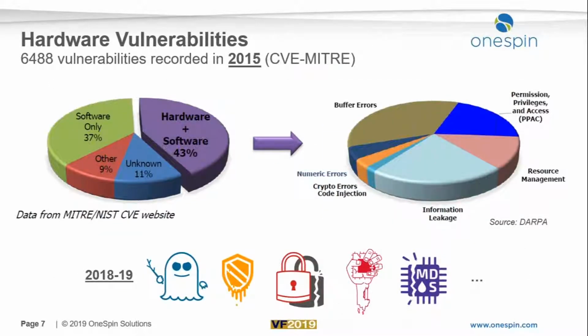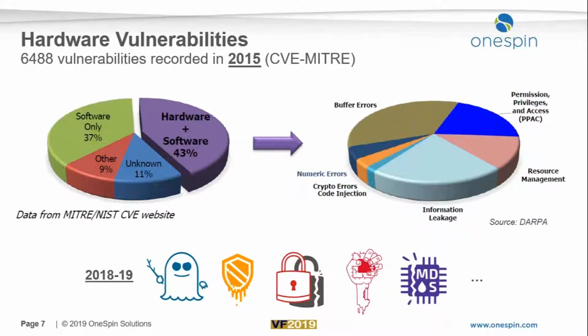Another slide from DARPA. This is some data from 2015, a little bit old, but still relevant. Of all the vulnerabilities recorded in the CVE database, quite a good chunk related to hardware.